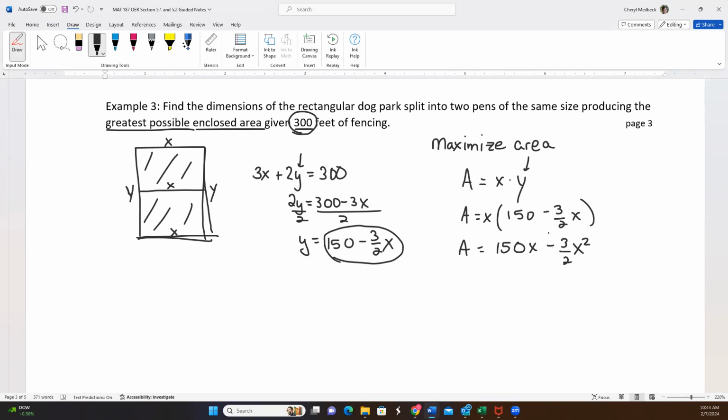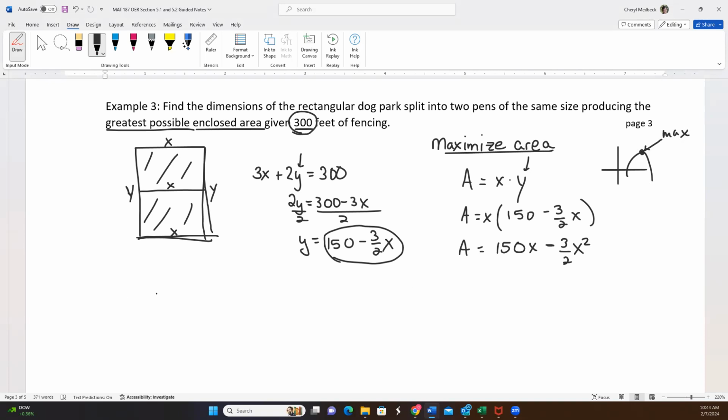Now let's analyze this for a second. This is a quadratic function because we have an x squared term, and it's a negative a, so we know the quadratic function opens downward, and it's going to have a vertex, which would be its maximum point. Since we're trying to maximize the area, we want to find that maximum point.